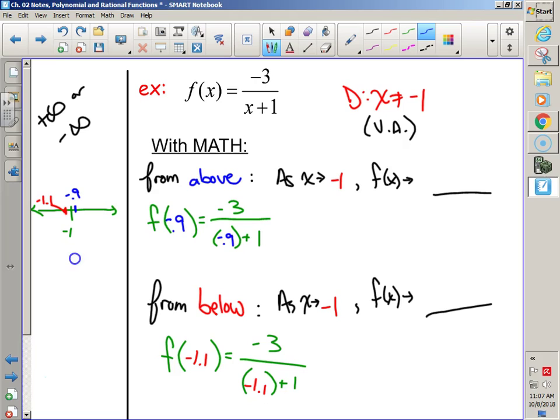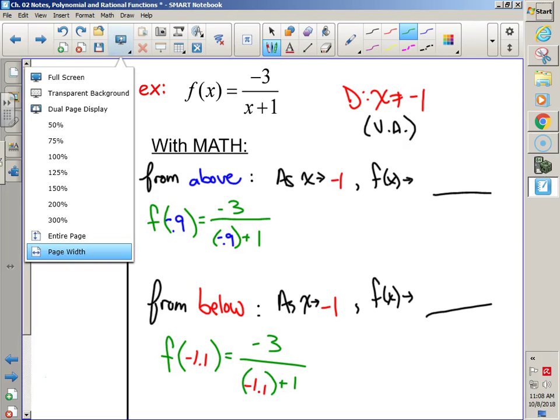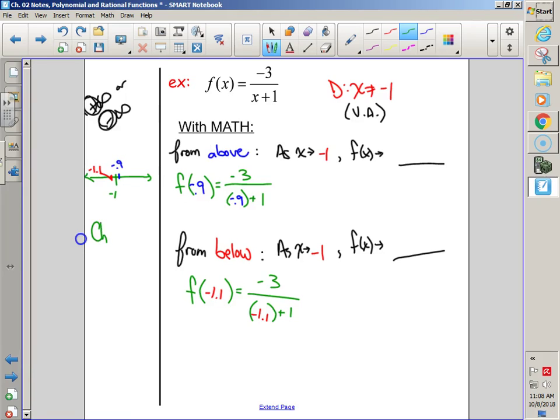Which, some of you are like, oh, this is disgusting. Like now there are fractions and there are decimals. But hold on. All we care about is positive or negative. So the hint is going to be check the sign. If you're doing behavior by hand without a graphing calculator, just check the sign.